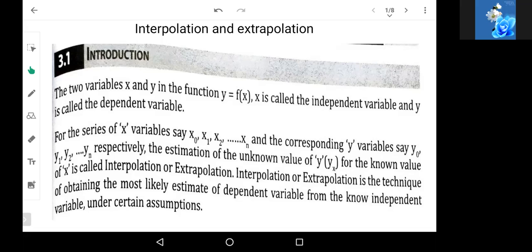Estimation of an unknown value y using the known value x. Now we will know the value of x. Using that value of x, we will find out the value of y. This is known as interpolation. Inter, which is inside. Or extrapolation. Extra variables can be added. So interpolation or extrapolation.